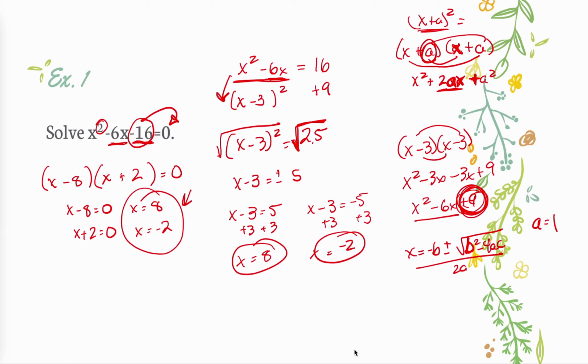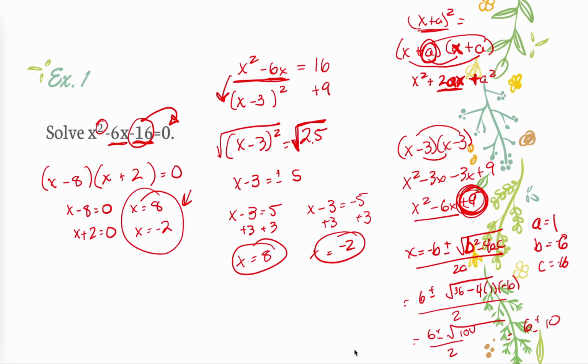A is your leading coefficient, which is 1. B is -6. C is -16. If you plug all of these in here, 6 plus or minus square root of 36 minus 4 times 1 times -16, all over 2, plus or minus the square root of 100 over 2, which is 6 plus or minus 10 over 2.